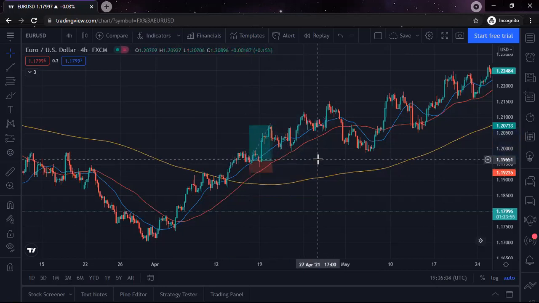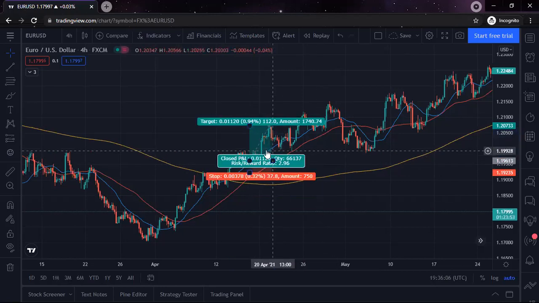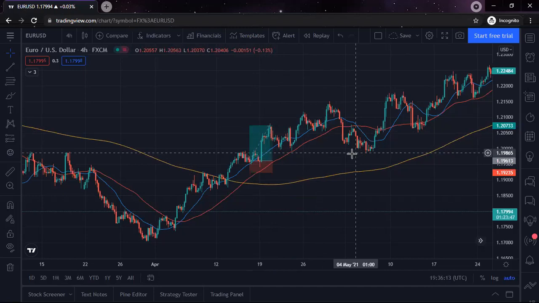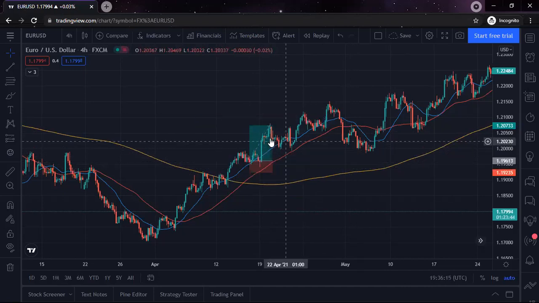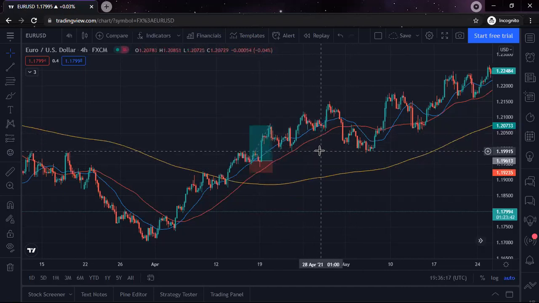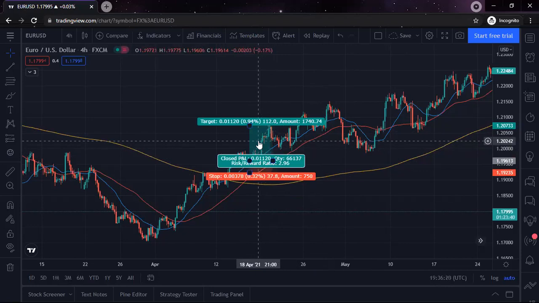So you set a trade with a target of 112 and a stop loss of 37. You get it? 37 pips stop loss and a target of 112 will give you a risk to reward of somewhere around 1 to 3.